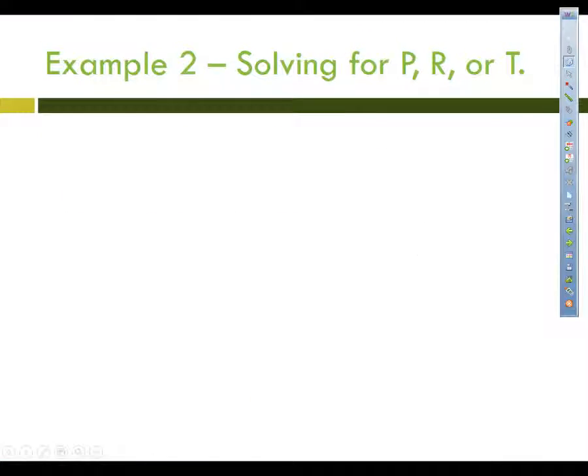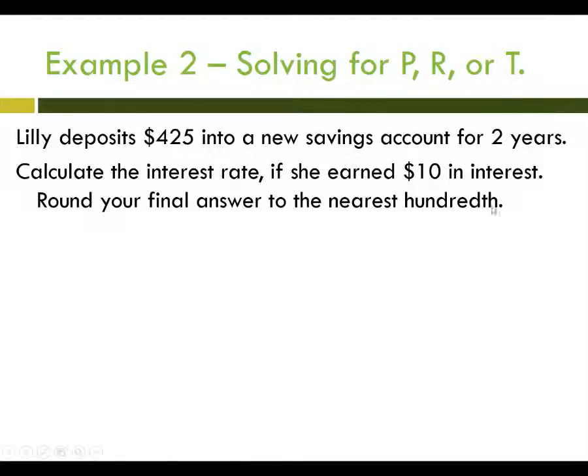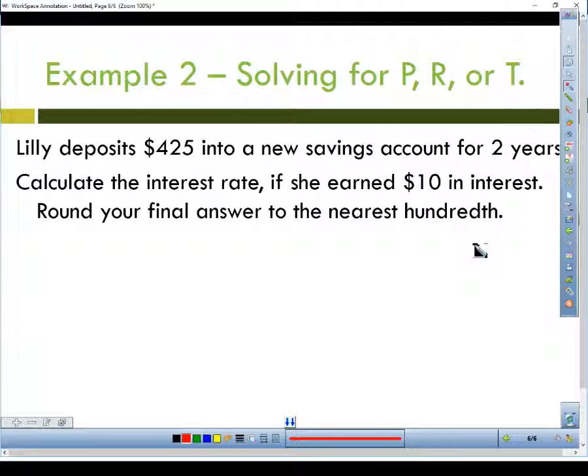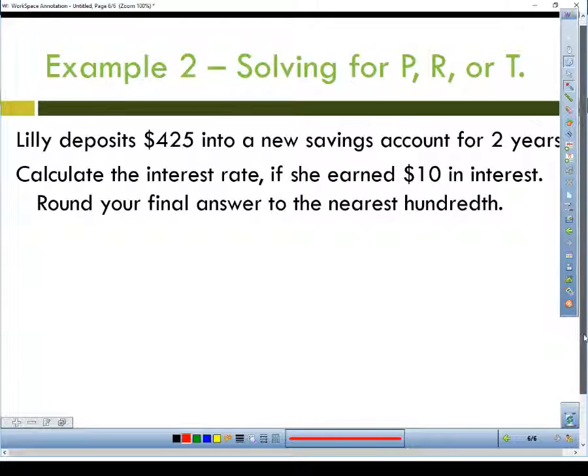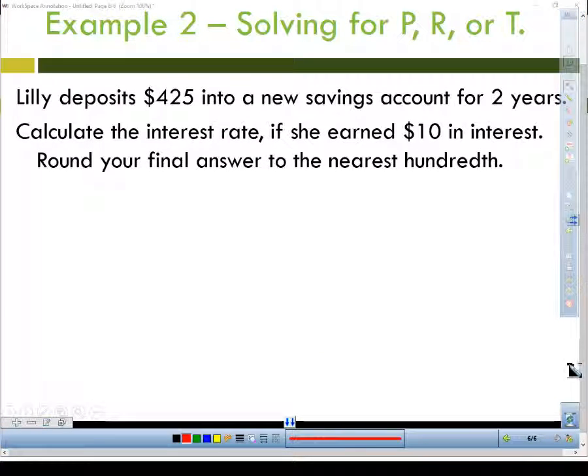Let's look at example 2. Example 2 says Lily deposits $425 into a new savings account for 2 years. Calculate the interest rate if she earned $10 in interest. Round your final answer to the nearest hundredth. We know that 10 is our interest.